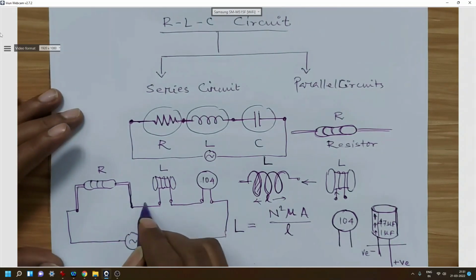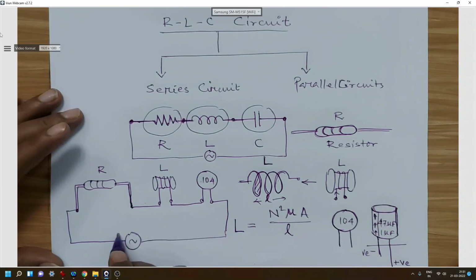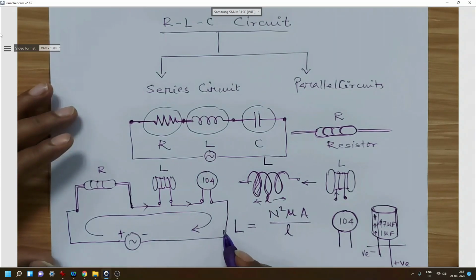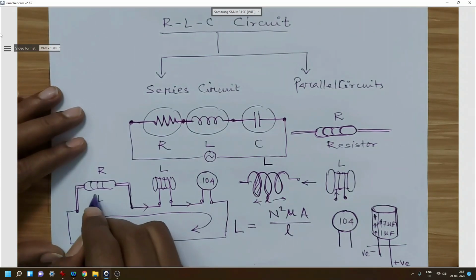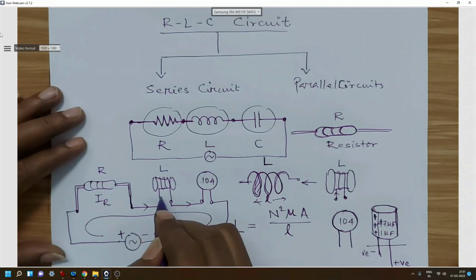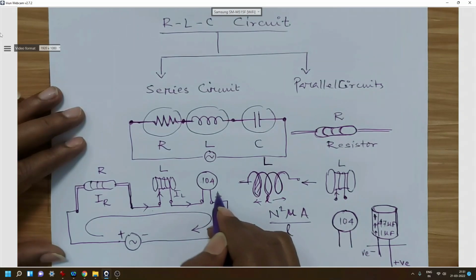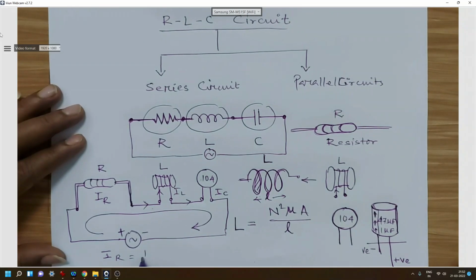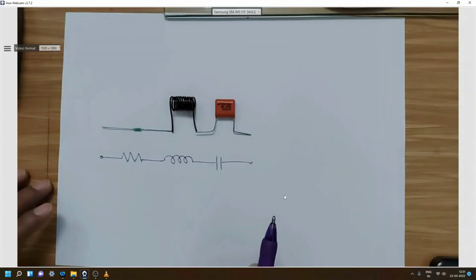So if this is taken as the instantaneous polarity, we can see that current will be conducting in this direction. The current will be the same, so IR, IL and IC: IR will be equal to IL will be equal to IC, equal to say I. So this is the current.